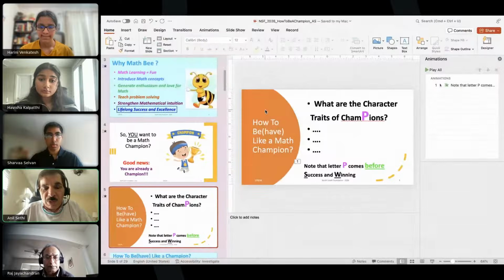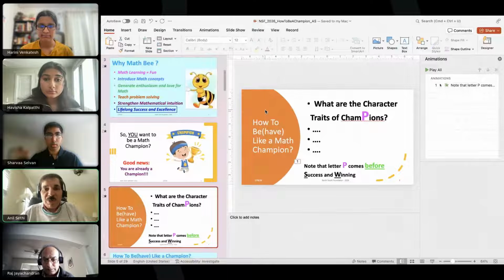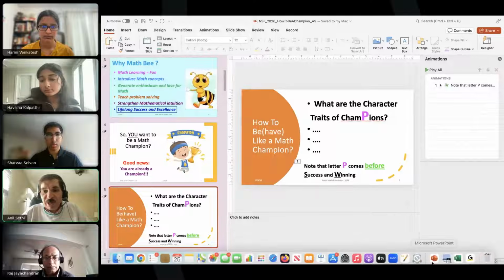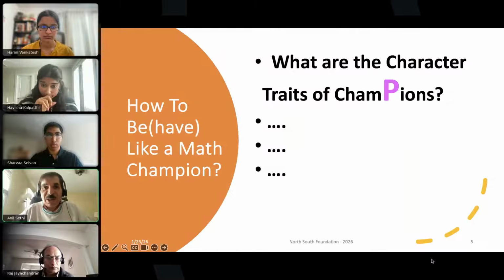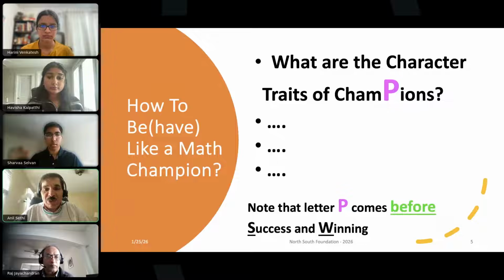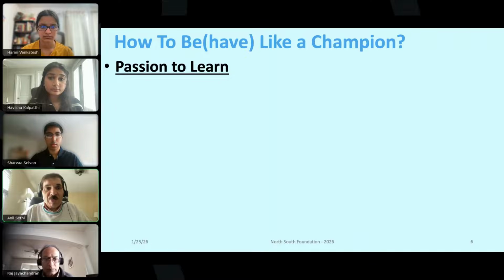So as we were talking about, everyone wants to be a champion, right? We all have the desire to be a champion. The question is, what are the character traits? And I'm sure a lot of those character traits you already possess. The most important thing to remember is that the letter P is very important for champions. It comes in the middle of their name. So why do we insist on P?